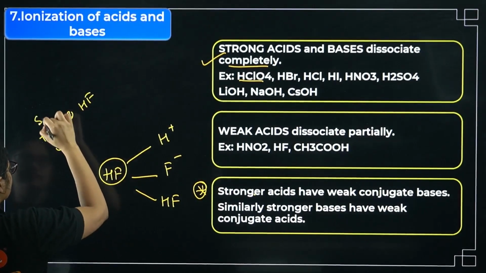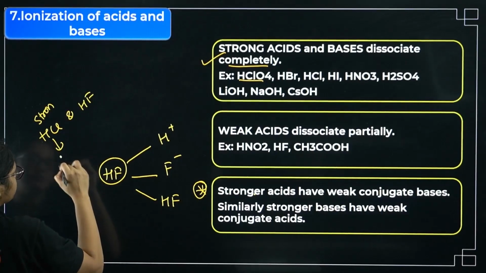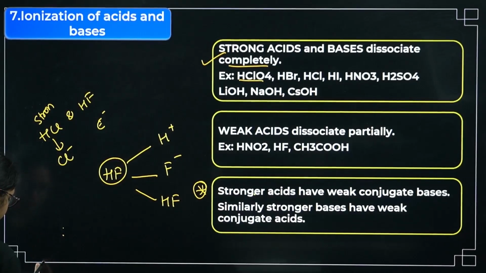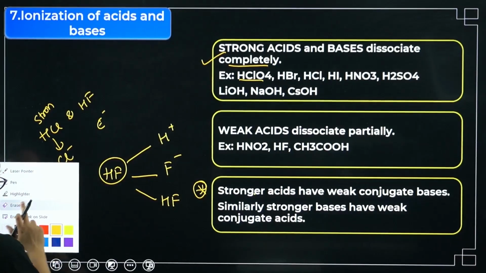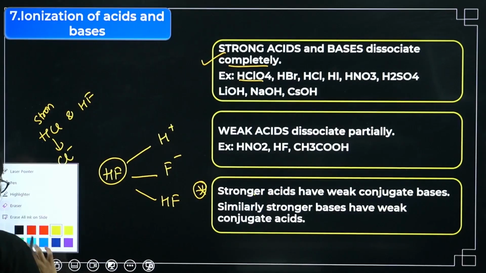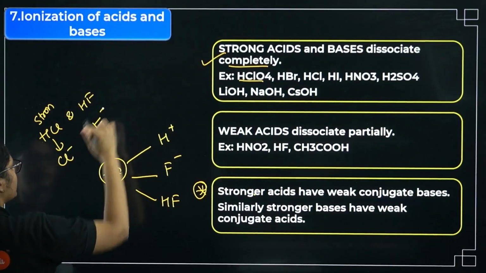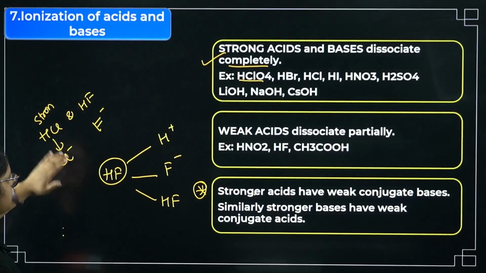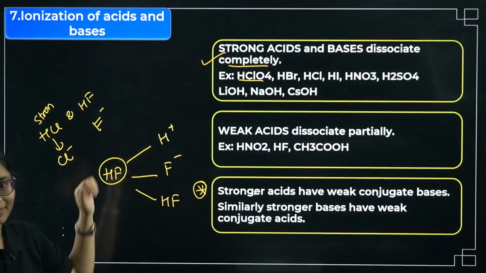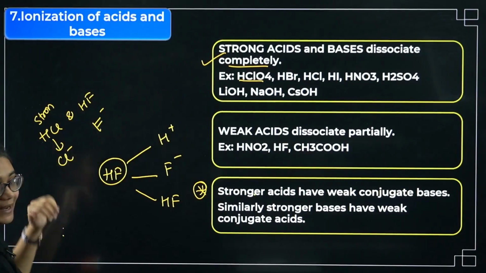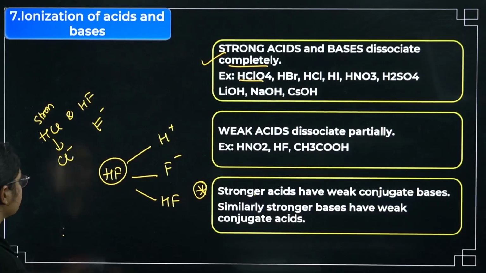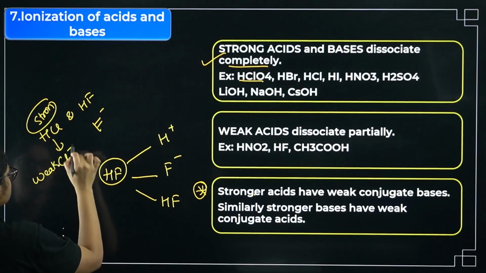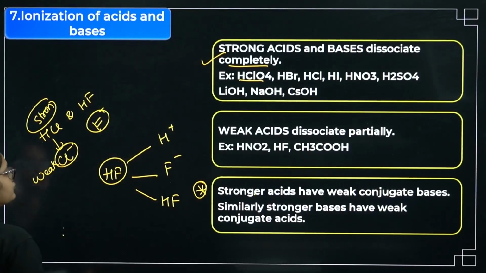HCl is the stronger acid, so its conjugate base is Cl minus, and the conjugate base of HF is F minus. Because HCl is a stronger acid, its conjugate base will be weak. So Cl minus is the weaker one, F minus is the stronger one.